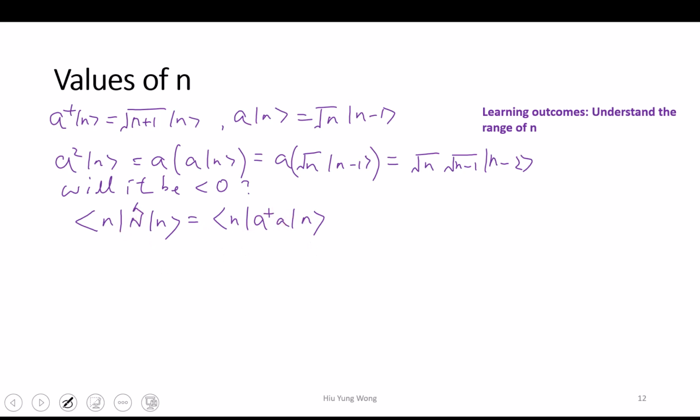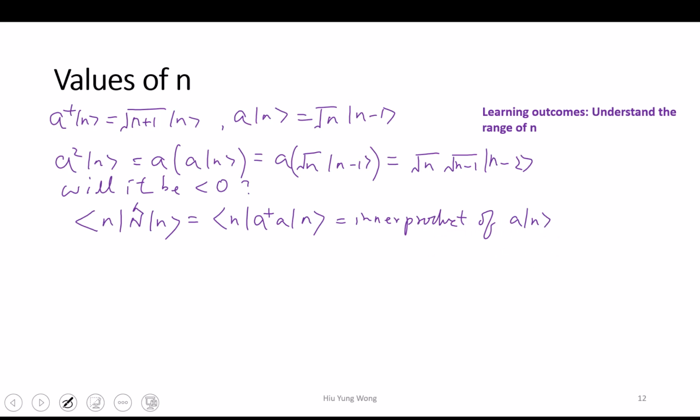So this is basically the inner product of this one, because I need to take the bra of n and take the Hermitian adjoint of a dagger, right? Correct? For this inner product, what does it mean?